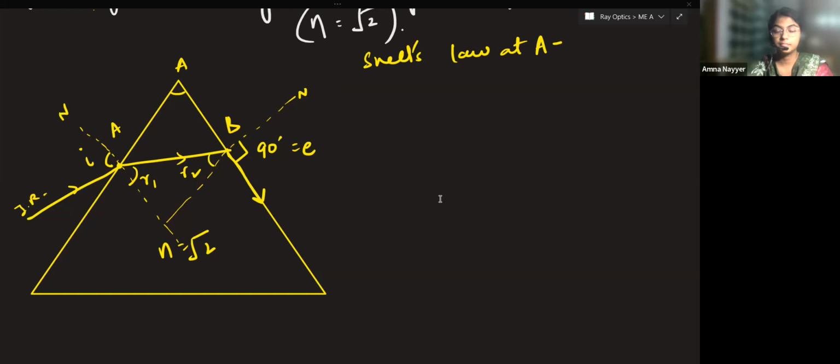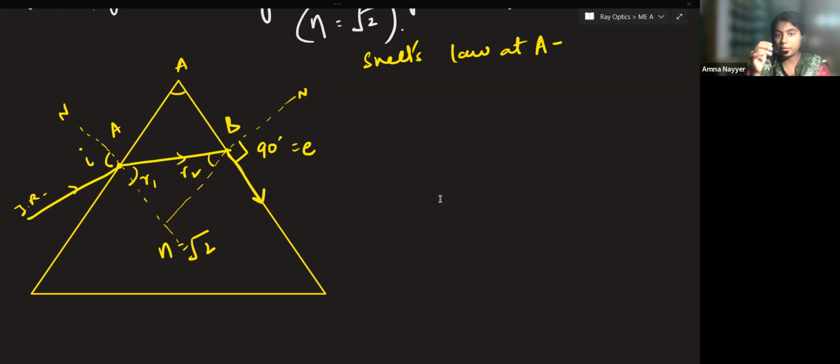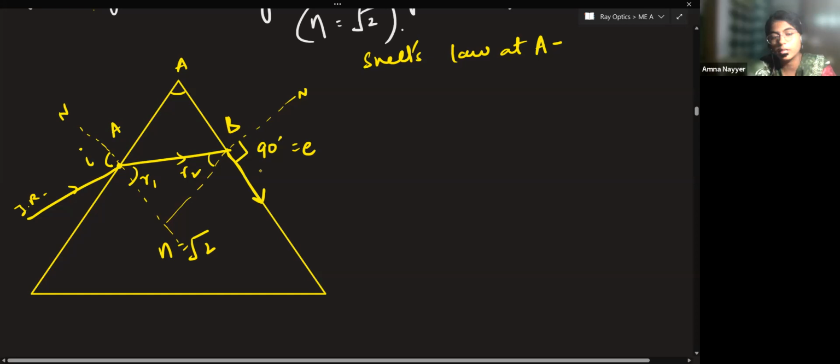Sin 90 is present here, but that is at point B. I'm asking you to look at this point A. I is here, R1 is here, root 2 is here for n.